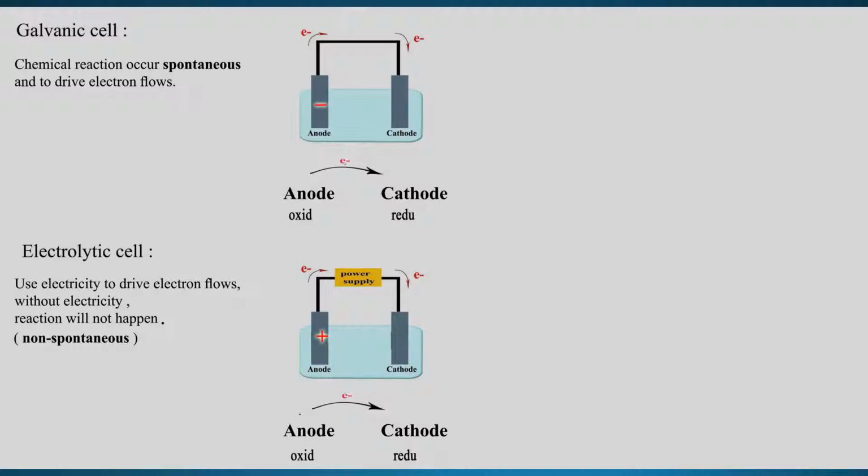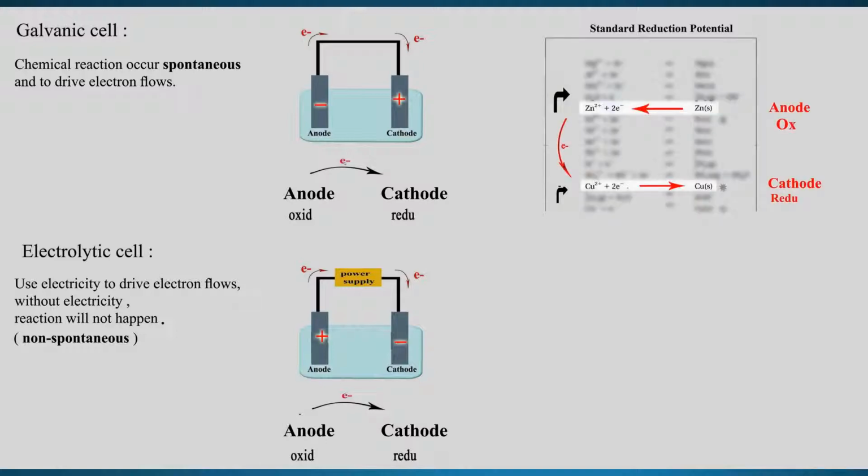Anode in a galvanic cell is always negative, but in an electrolytic cell, anode is positive. The other will follow: cathode in a galvanic cell is positive, in an electrolytic cell it becomes negative. So keep in mind, anode in galvanic cell is negative, but in electrolytic cell, anode is positive.